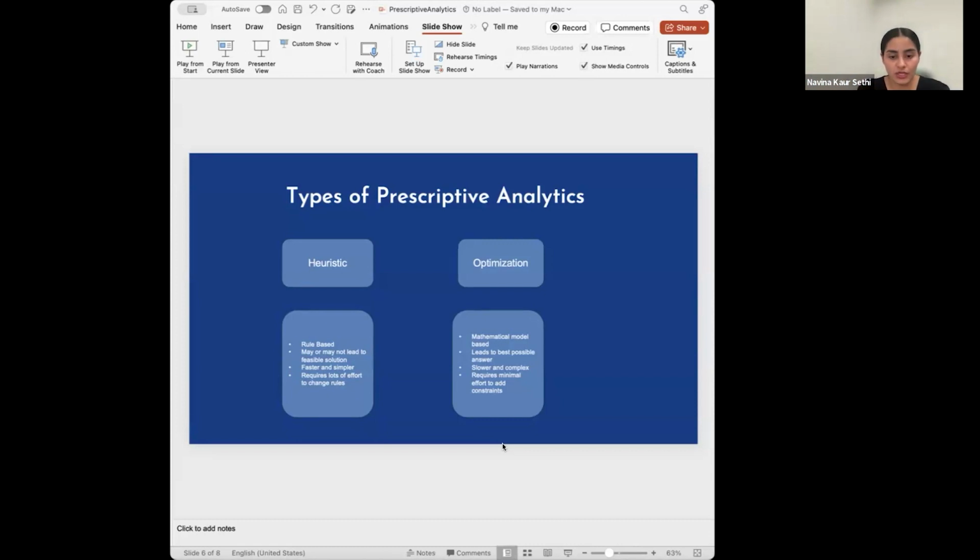You can use different models, so that is a little bit challenging, but still it leads to the best possible results. Everybody is moving from heuristic approach to optimization. There are still a lot of places where heuristic approach is used, but it's slowly moving to analytics and pure optimization.